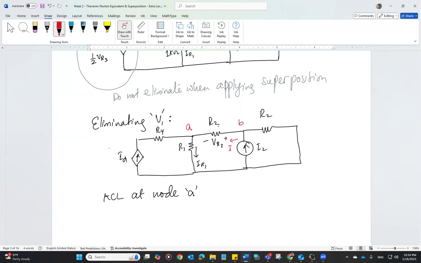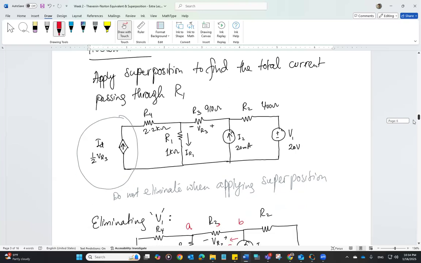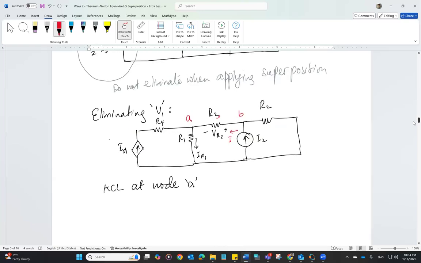IR2, well, this is R3, I'm assuming, not R2. Let's confirm: R2, R3, R1, R4. Yeah, that's R3. Okay, so IR3 is here, and let's call this IR2. Ground.